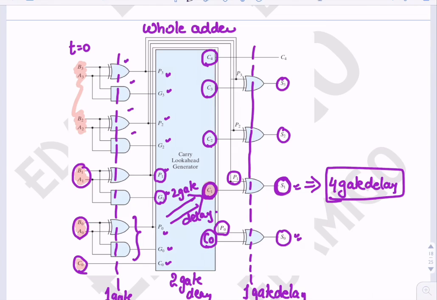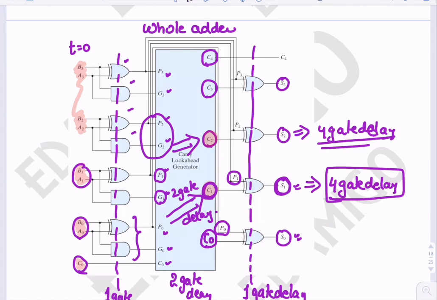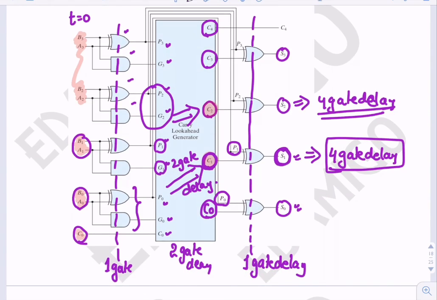Similarly, for C2 we also need two gate delays. So Pi, Gi are available after one gate delay, C2 is available after two gate delays, and thus S2 is available after four gate delays. It is very important to see that all these things occur in parallel, because all the inputs are available at t equals 0.